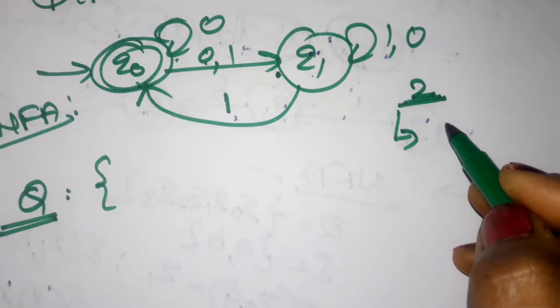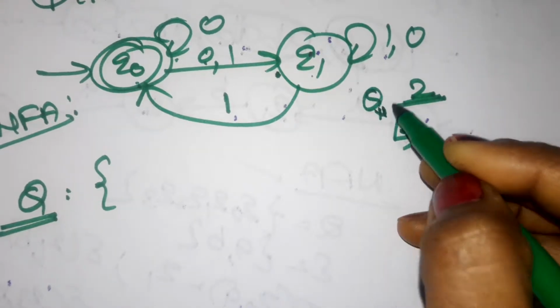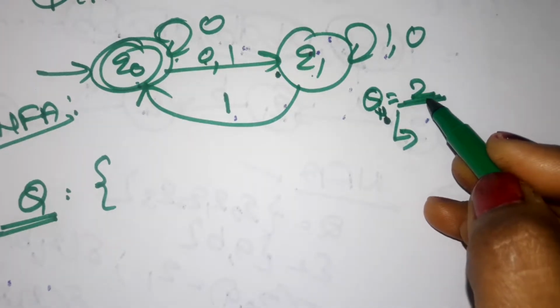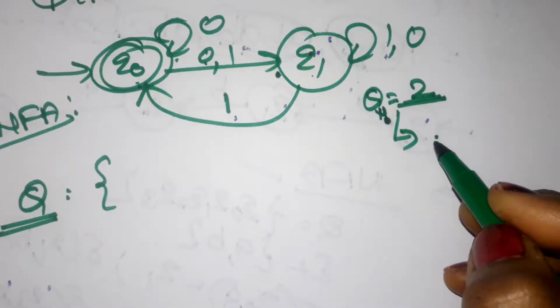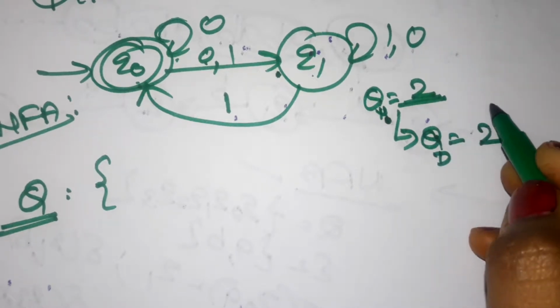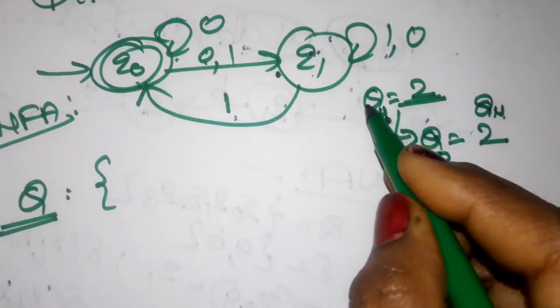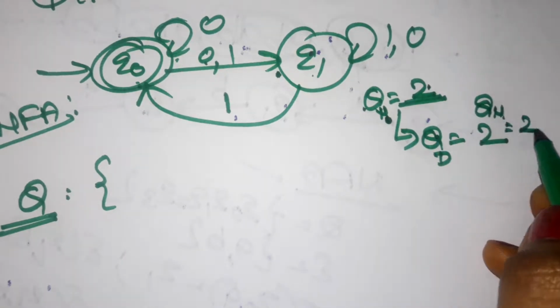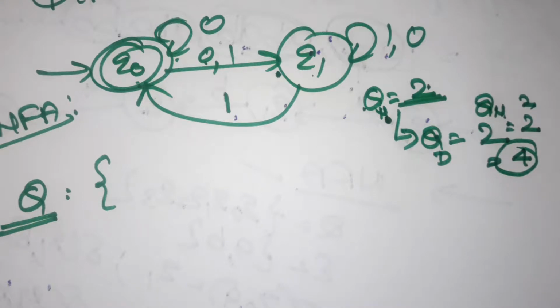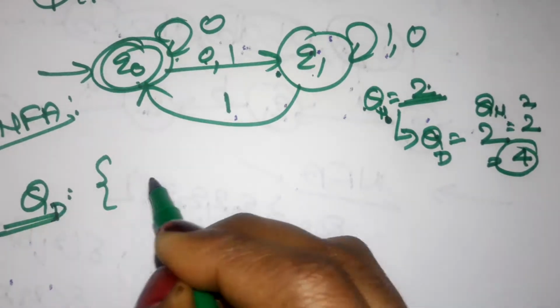The number of states in the non-deterministic finite automata is 2, so in the deterministic finite automata the number of states will be 2 power Qn, where Qn is 2. So 2 power 2, which means 4 possible states will occur in the deterministic finite automata.